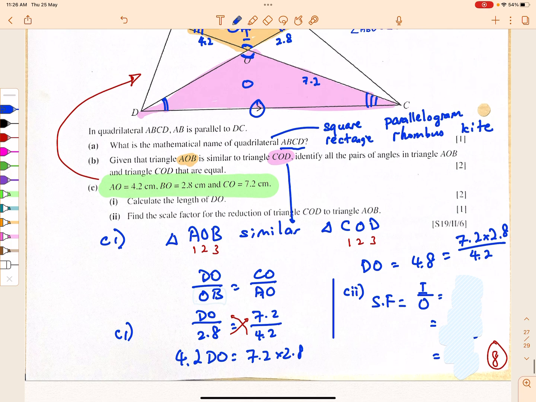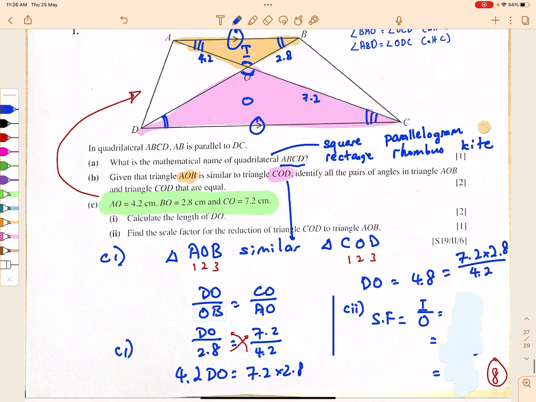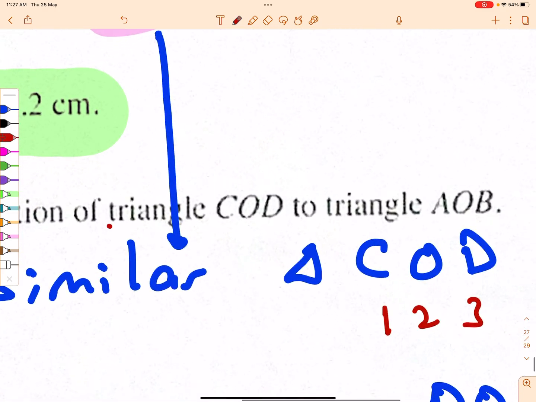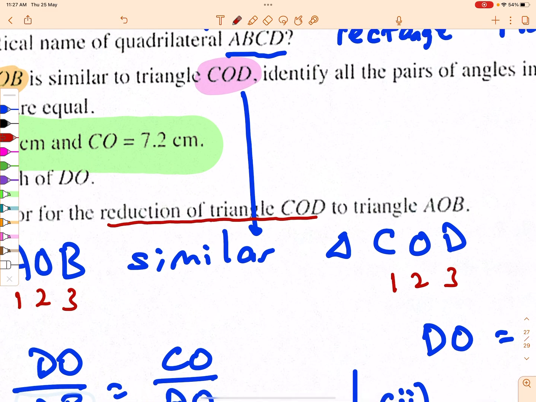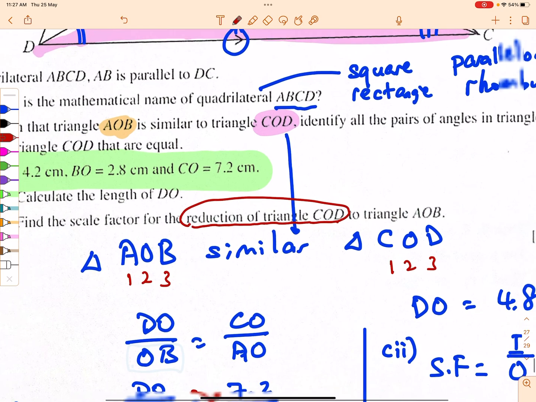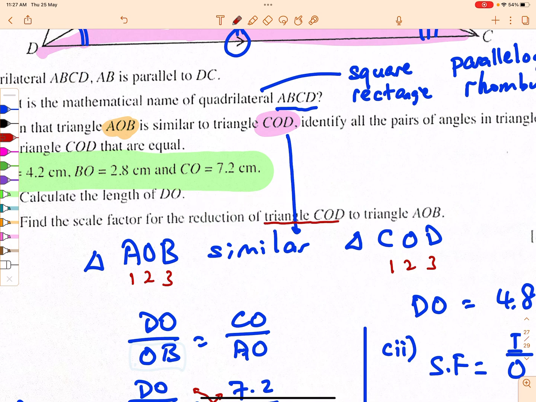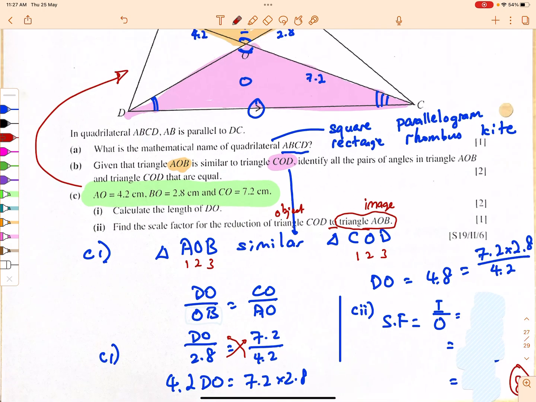Last one, scale factor. So for scale factor, again, you have to identify which is the object, which is the image. So I'm looking at this. It says triangle COD is a reduction, so this one, no. Triangle COD is a reduction of this to this. So this triangle AOB is the image, and this is the object, right? So let's look again.